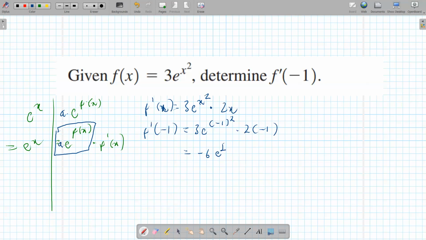So just like that, and that's it for this question. Is this hard? Or does this not make sense? It makes sense. Okay, just remember this is it. Once you have this, everything else is in the bag, basically.